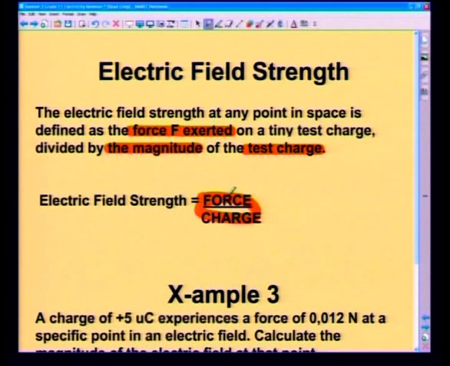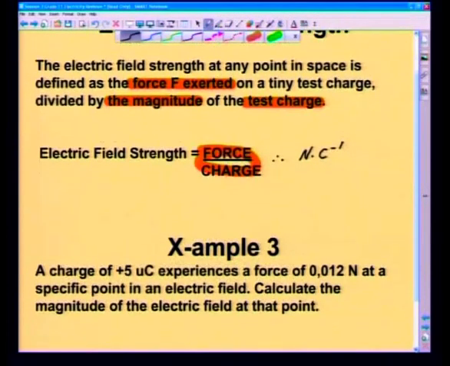It's force divided by charge. And from this, we can deduce that the unit of this electric field strength will be Newton per Coulomb, because force is measured in newtons and charge in coulombs.